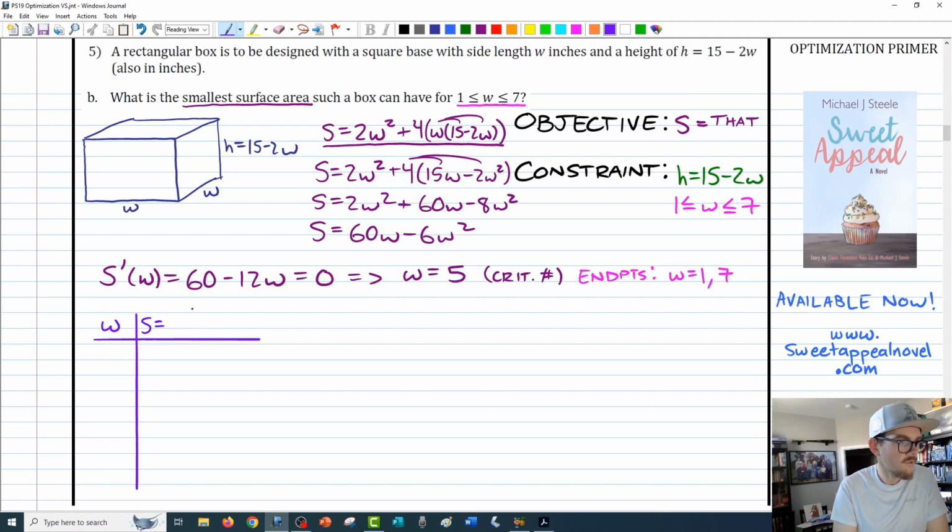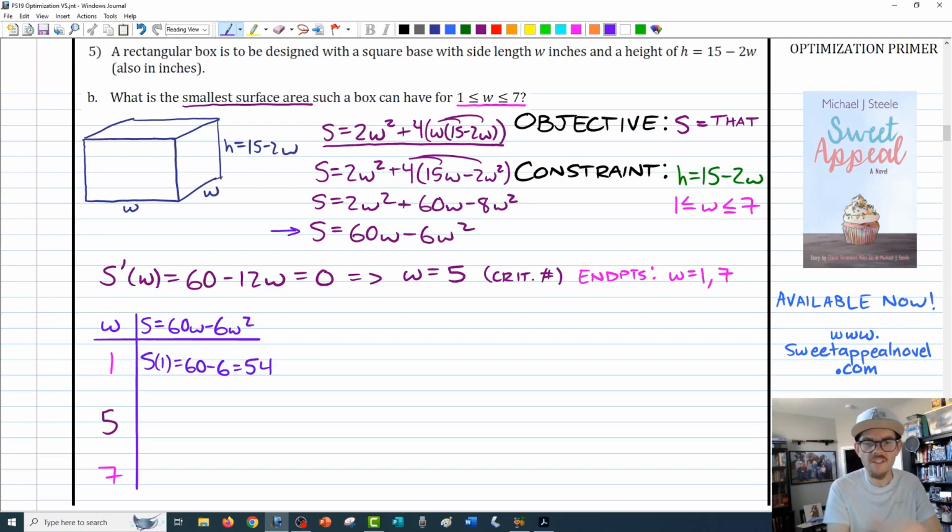What is S equal to? It was right here. S was 60W minus 6W squared. And we have 3 values to plug in. We have 1, we have 7, and then we have 5. And we are looking for the smallest one. Can we find it? I hope the answer is yes. Otherwise, we got problems. So what is S of 1? It's going to be 60 minus 6 equals 54. So that's a decent surface area, but I don't know the scale of all these other answers just yet.